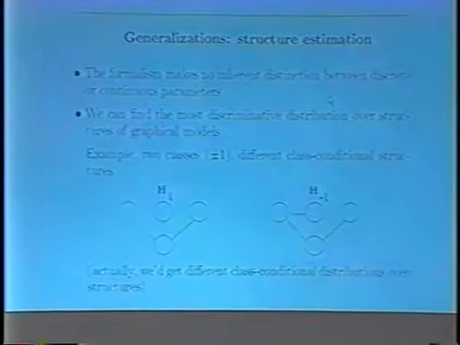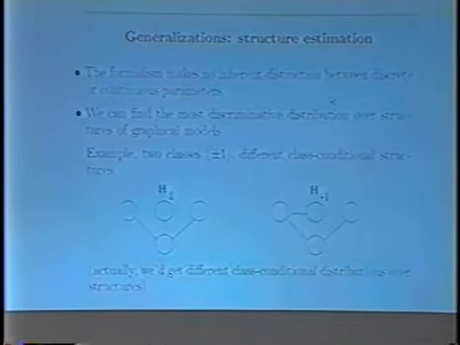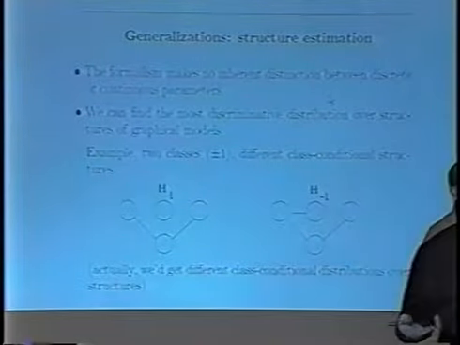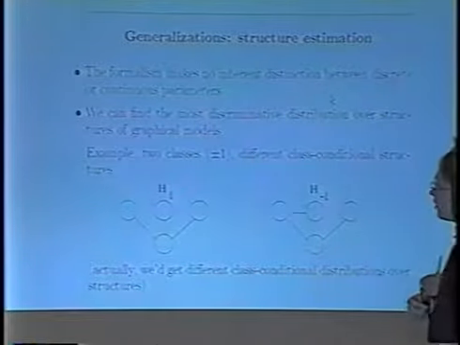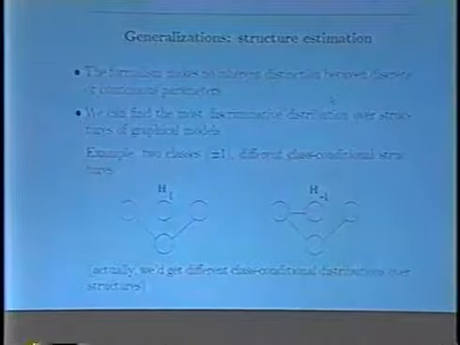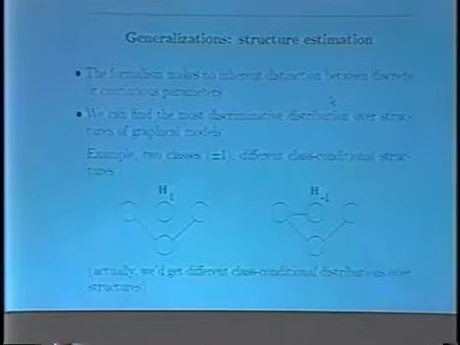So let me do this fairly quickly. Since you're dealing with distributions over parameters, there's really no difference between whether the parameters are discrete or continuous. The discrete parameters would encode the structure of the model, and continuous parameters would be the usual ones. So you can certainly see that we can deal with the structure estimation problem discriminatively within this framework as well. The big question is whether this is feasible at all.